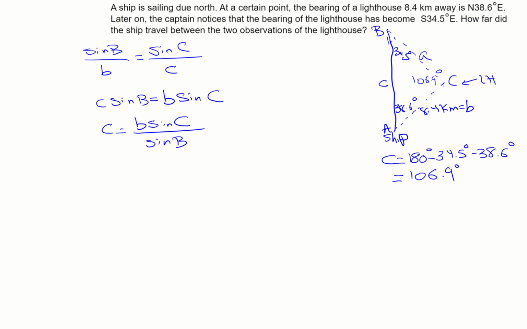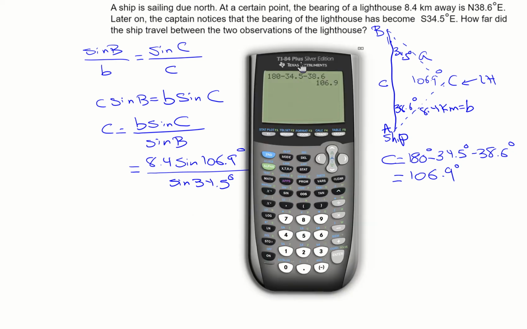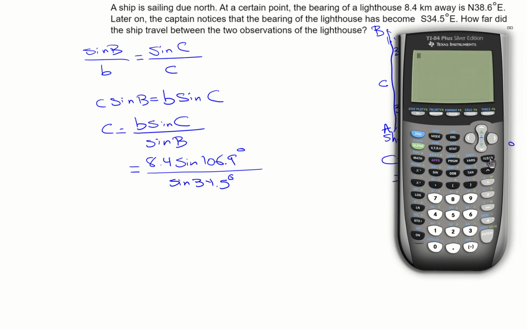So now we can substitute the values that we know. So we get 8.4, which is b, times sine of 106.9 degrees, because that is C, divided by sine of 34.5 degrees, because that is B. So if we plug that in carefully, here what we'll want to do is we'll go ahead and contain the entire numerator in some parentheses.